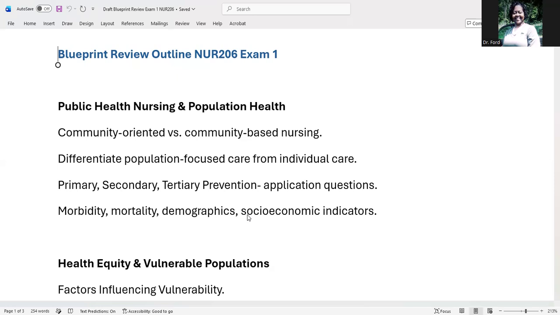So we want to prevent it from ever happening. Some examples would be vaccinations, health promotion, lifestyle education. Even if we were coordinating a gun safety class, because we're educating in hopes that an injury does not occur. So we're preventing it from ever happening.